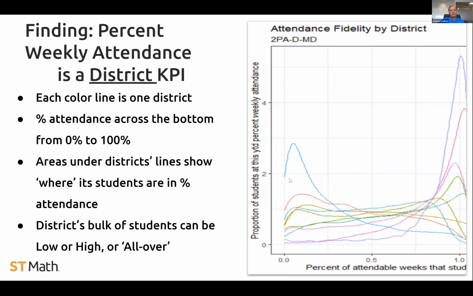So I'm going to give these some simple terms: the district's bulk of the students can be low, like that blue one, or some of the others have a mode or a peak at low percent attendance, or high, like those ones off to the right. Or there are some that are just kind of all over, with some students at low and middle and high attendance.